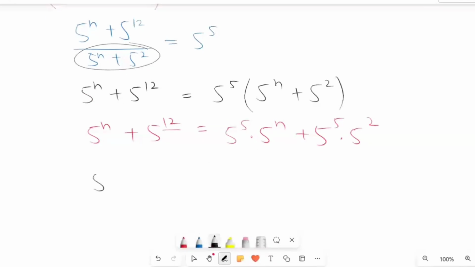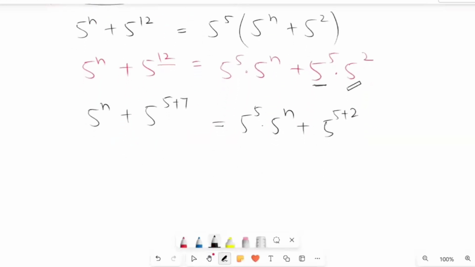5^n + 5^(5+7) is equal to, here this 5^5 times 5^n, I am going to write the same as here. Now here we have the same bases, so we are going to apply the exponential rule, that is 5^(5+2). So we can easily add up the power here.